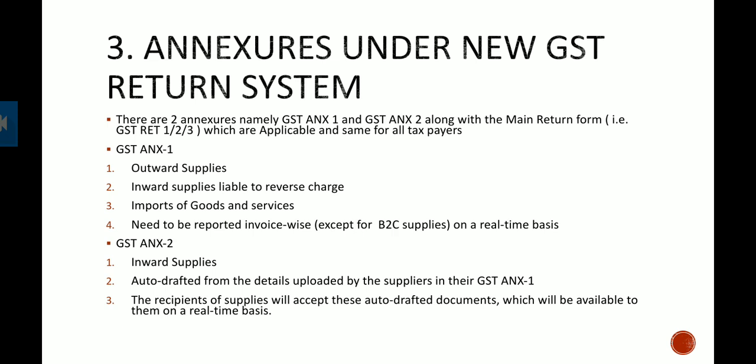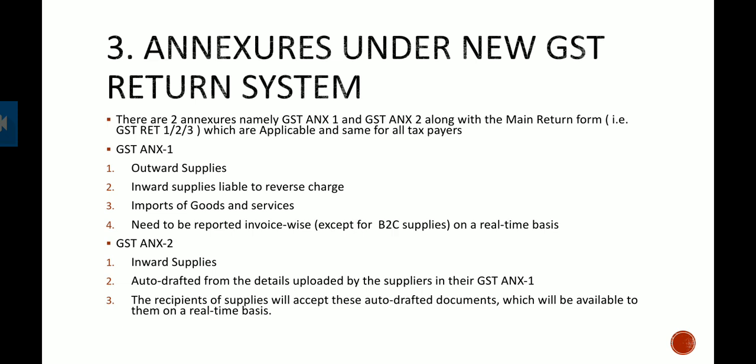It contains inward supplies which are wholly auto-drafted from the details uploaded by the suppliers in their GST ANX 1. That is, once the supplier uploads the invoice details in his GST ANX 1, these invoice details are auto-populated in GST ANX 2 of the recipient.